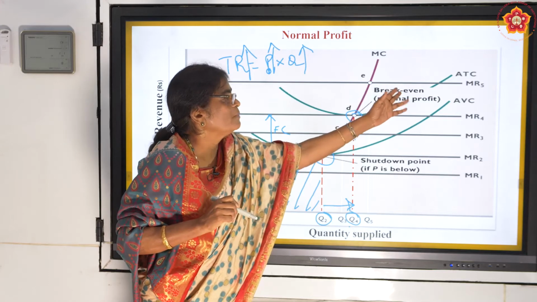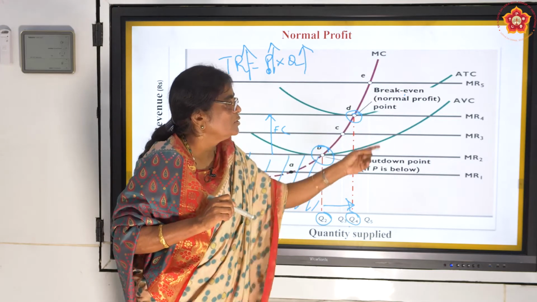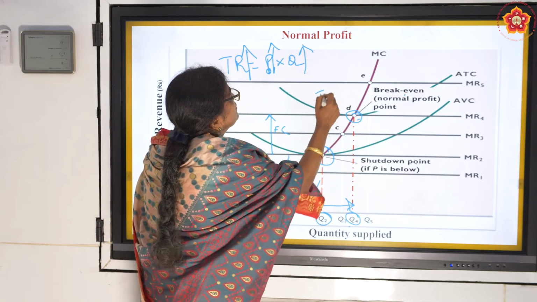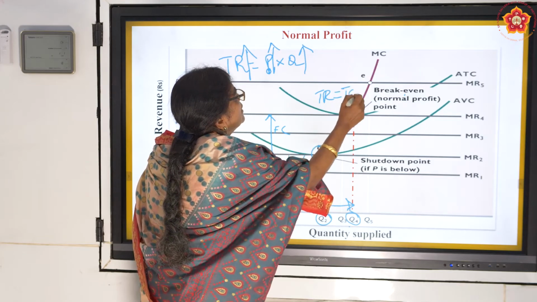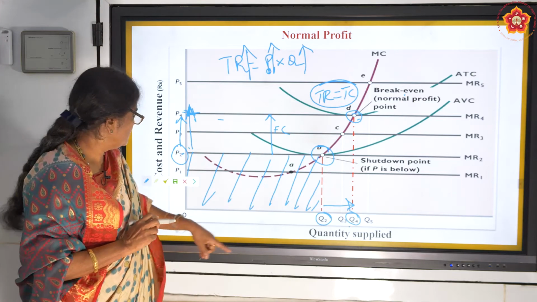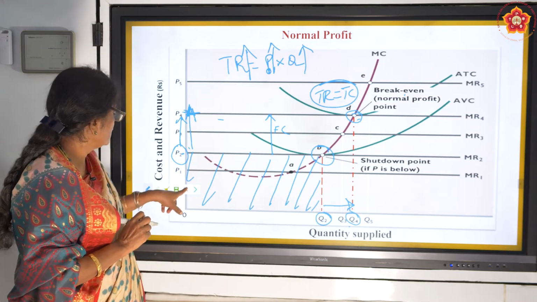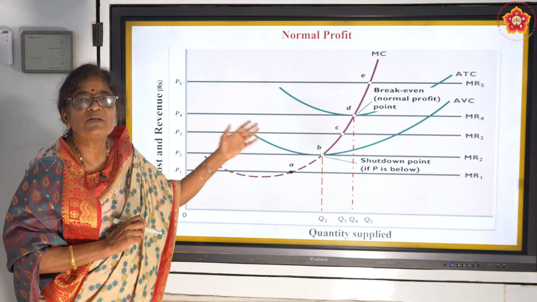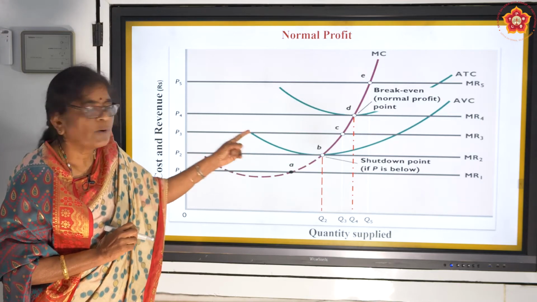Therefore, at the break-even point it covers all the cost, where TR is equal to TC, and that point is called normal profit. I hope this concept of shutdown point, break-even point, and normal profit is very much clear.